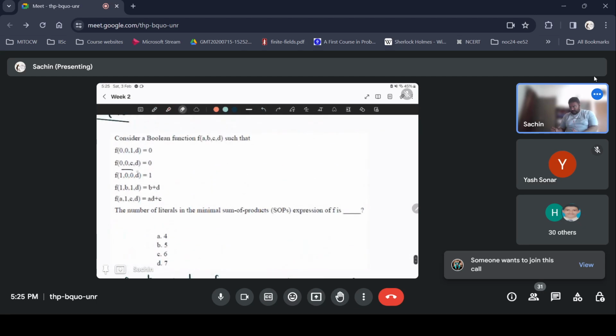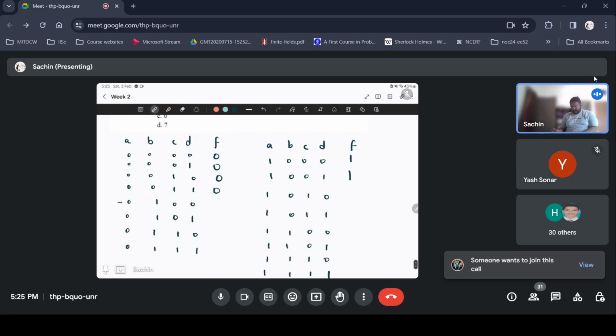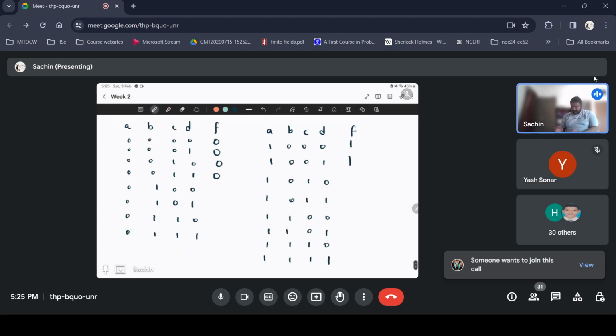Next thing, f of 1, b, 1, d is b plus d. So if a equals 1 and c equals 1, the output is b plus d. So which are those? Here a is 0 in all these things. In all these combinations a is equal to 1.